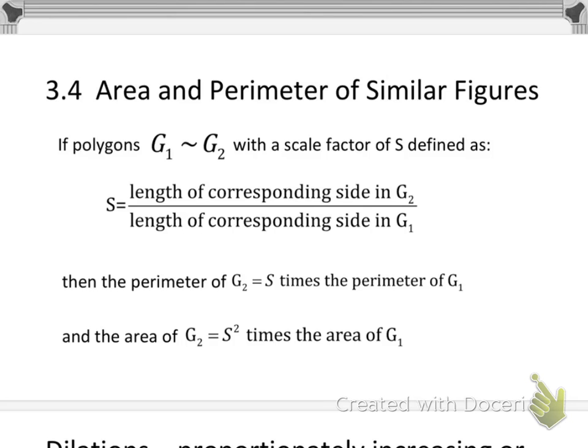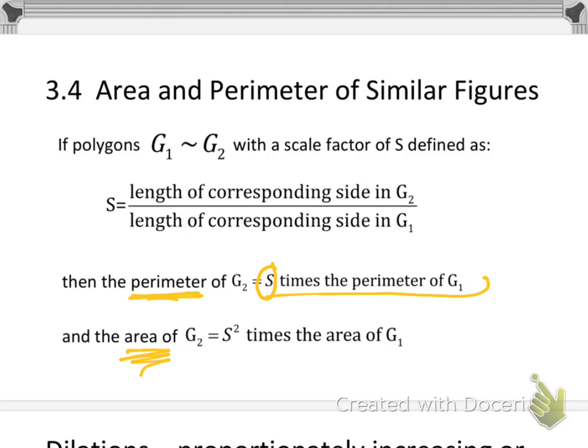If you know they're similar and you have their scale factor, which is the length of a corresponding side in one of them over the length of the corresponding side in the other shape, then the perimeter is also going to be in that same ratio. So that will also have the exact same scale factor, just like the altitudes had the same scale factor.